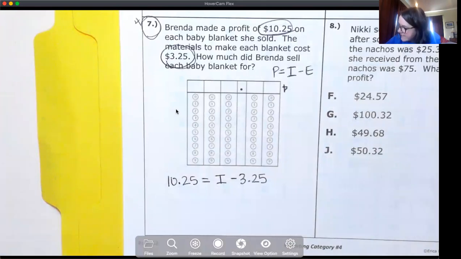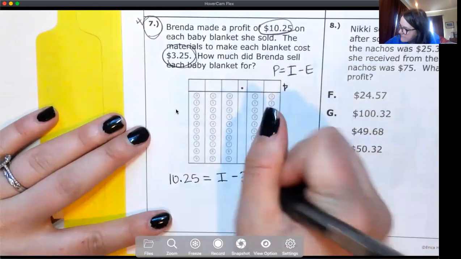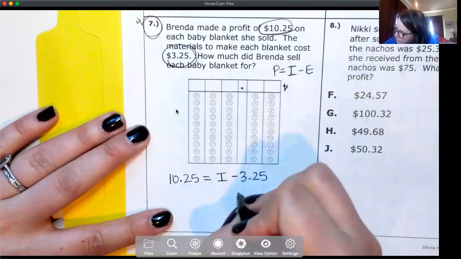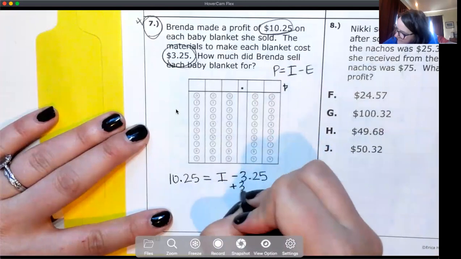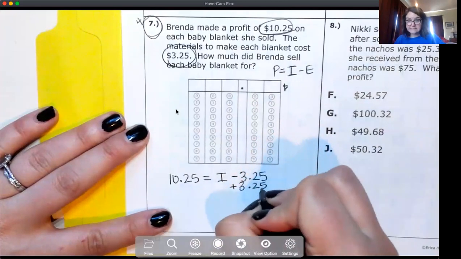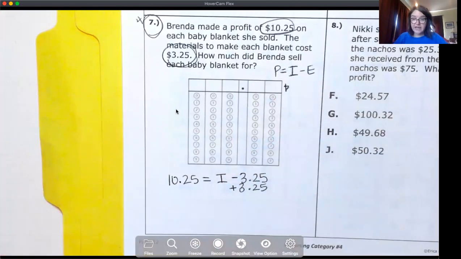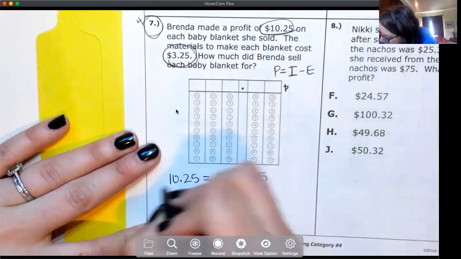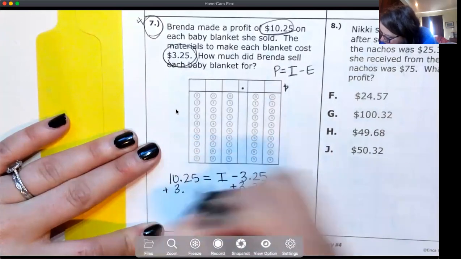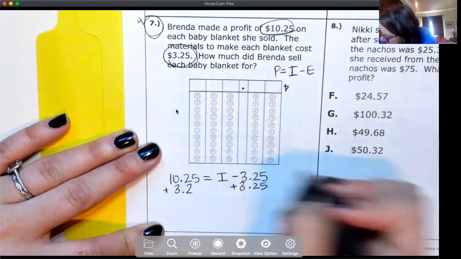So instead of subtracting, I am going to add $3.25 to both sides. Because remember, what I do on one side of the equal sign, I can do on the other, as long as it is the opposite and it's even.